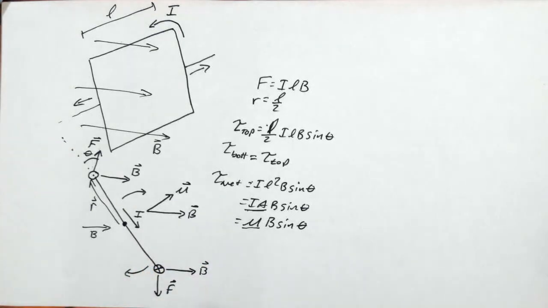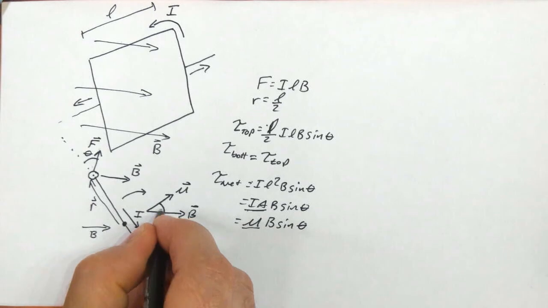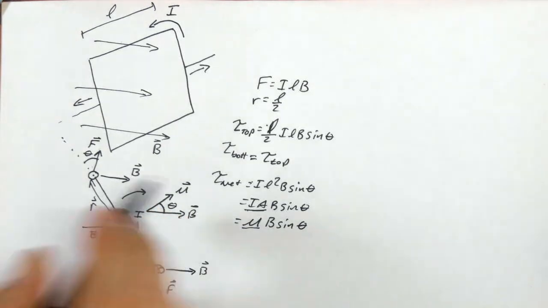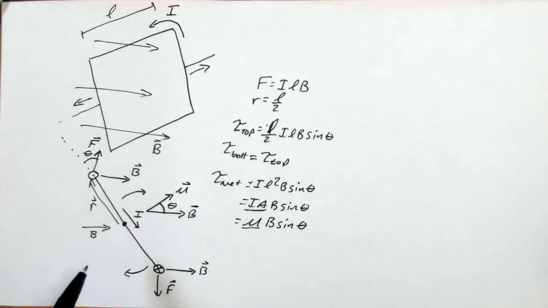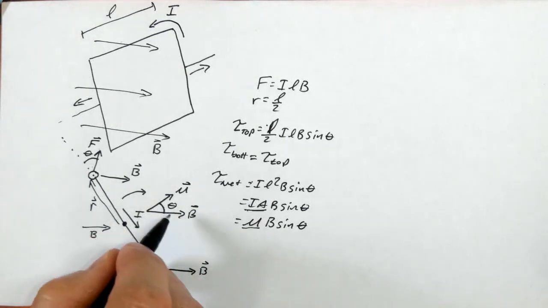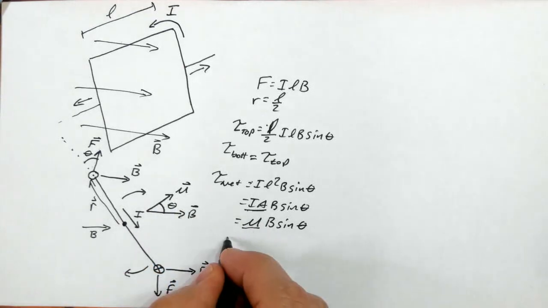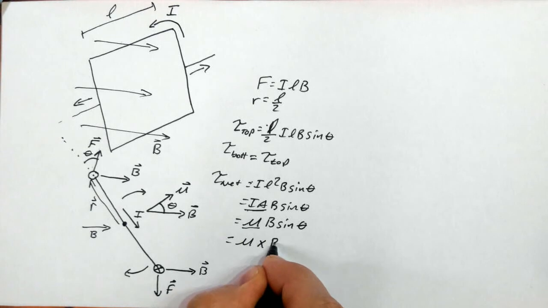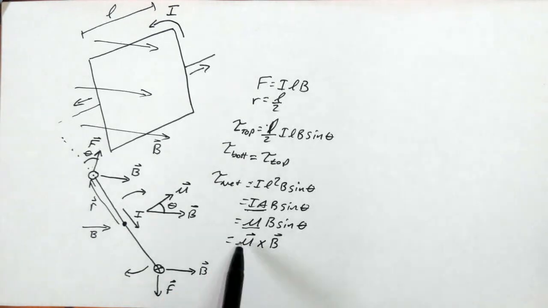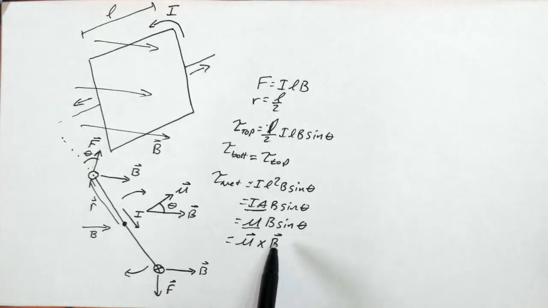if B points horizontal, the angle between this normal and B is the same as this angle here. Okay? I'll let you play with the geometry to show that. But those are the same, which means the angle between mu and B is theta, and this can be rewritten to say mu cross B, because mu cross B means mu times B times sine of the angle between them.